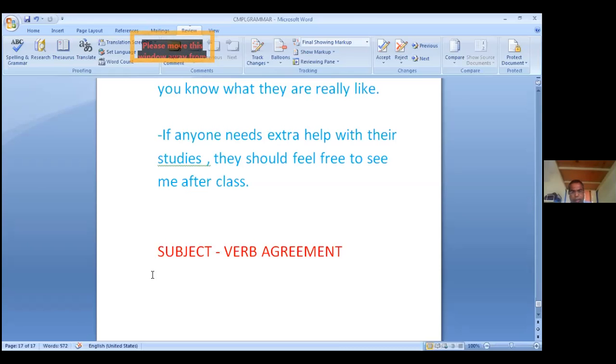Again, let me tell you, countable nouns can be singular nouns or plural nouns, so it is very important to use the correct subject verb agreement. So if the subject is plural, then we have to use the plural verb. If the subject is singular, then we have to use the singular verb.